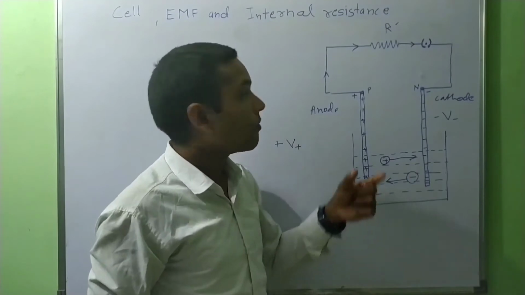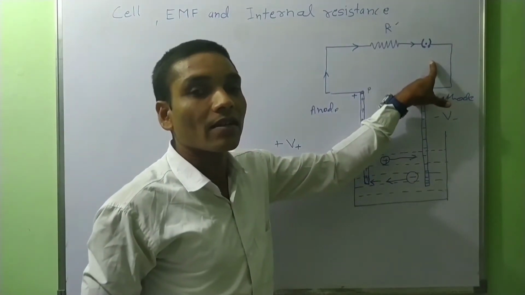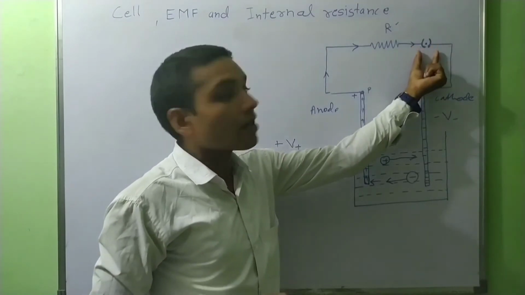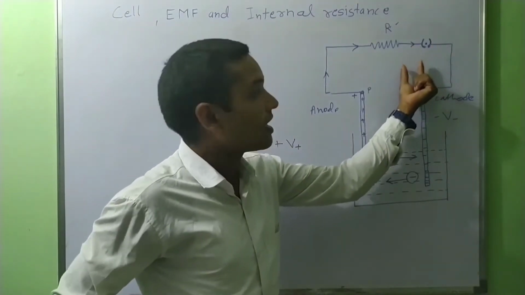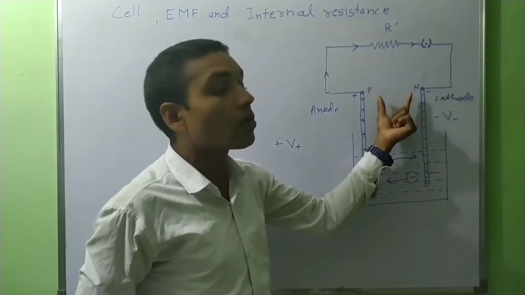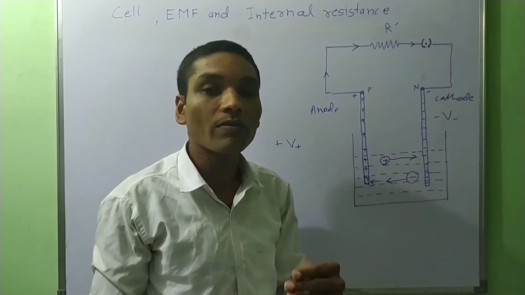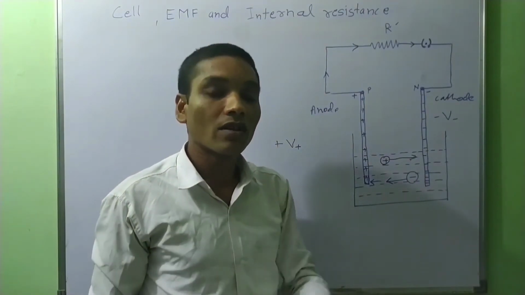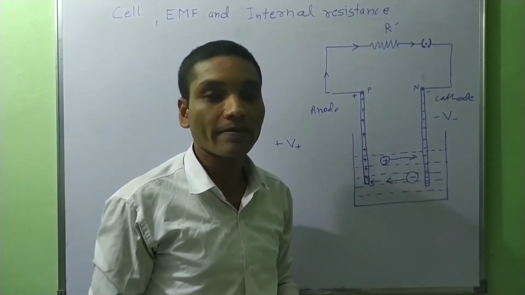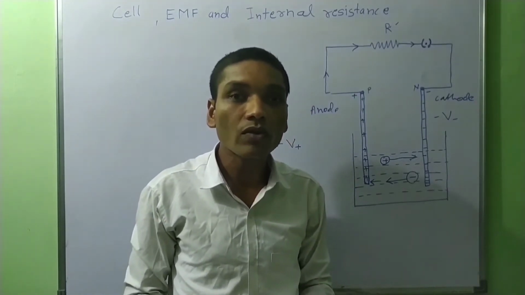So when the circuit is closed, current will be flowing through the external circuit. Then the potential difference between the two electrodes of the cell is called the terminal potential. So what is the big difference from electromotive force?